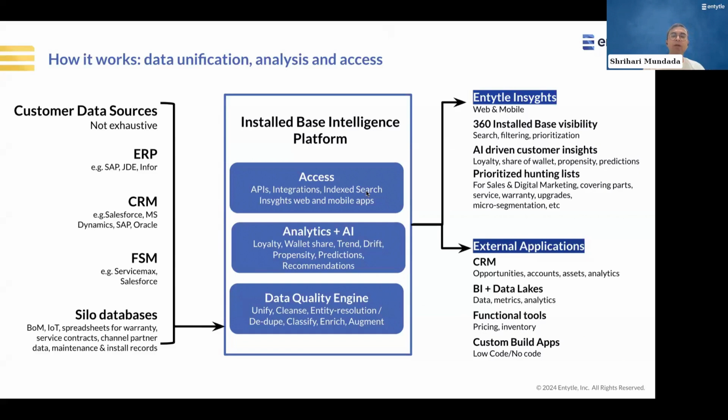We perform different purpose-built analytics like calculating wallet share, trend, or propensity, and the predictive and prescriptive opportunities that I spoke about a while ago. All of this can be viewed in our flagship product, Entytle Insights, which gives you 360-degree visibility on your install base data, where you can search, filter, or prioritize your hunting list.